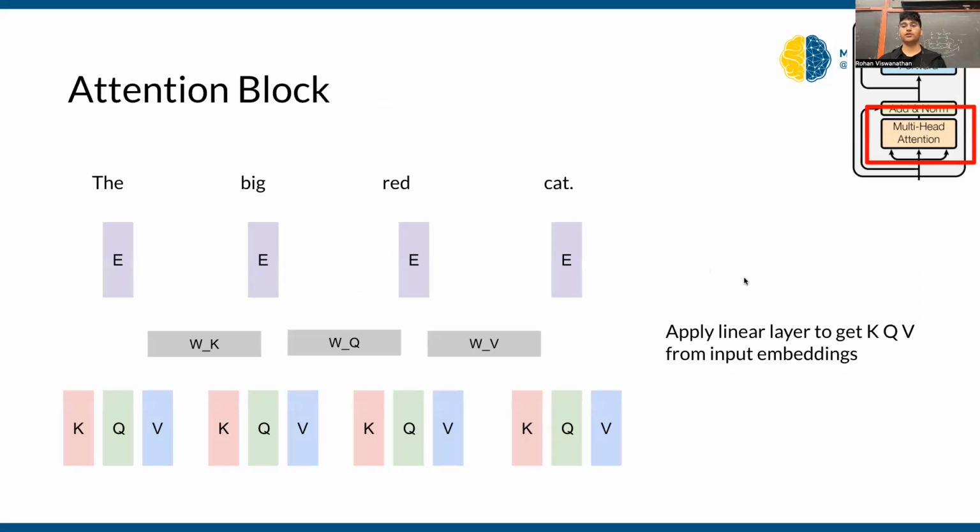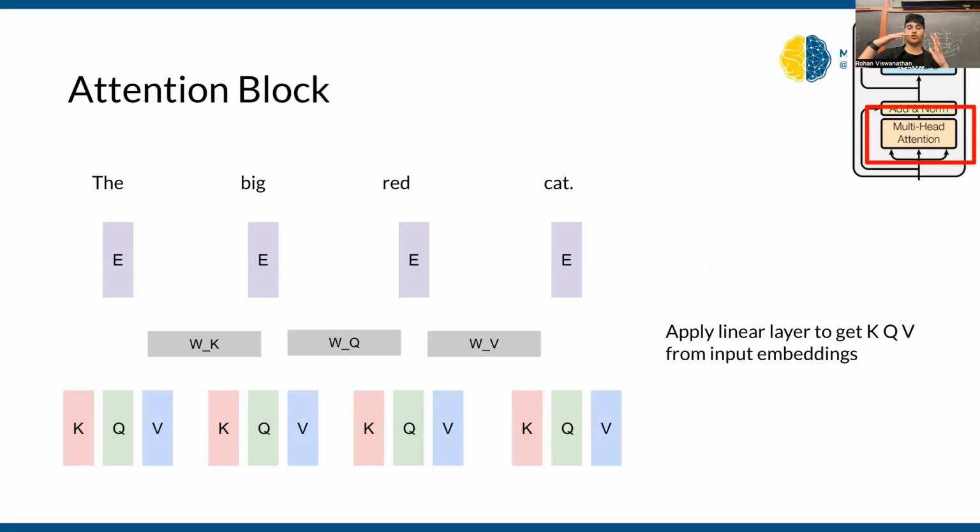You're applying a linear layer to get K, Q, V from the input embeddings. You have your E, which is your embeddings for each of these words. You have WK, WQ, and WV, which represent the different weightings of different values of keys, Qs, and Vs.